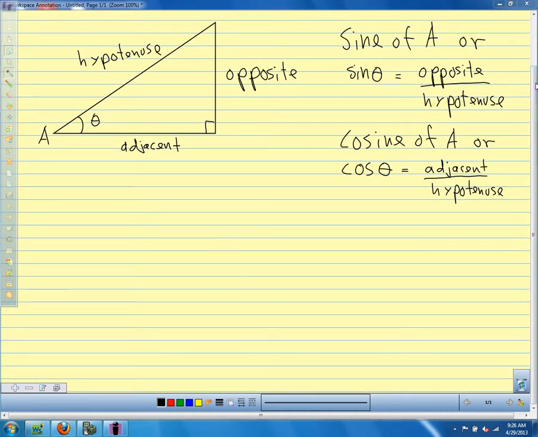And we usually have a little phrase that we use to remember which sides of the triangle we make our ratios with: Sohcahtoa. So what Sohcahtoa tells us is that the sine of the angle is the opposite over the hypotenuse.